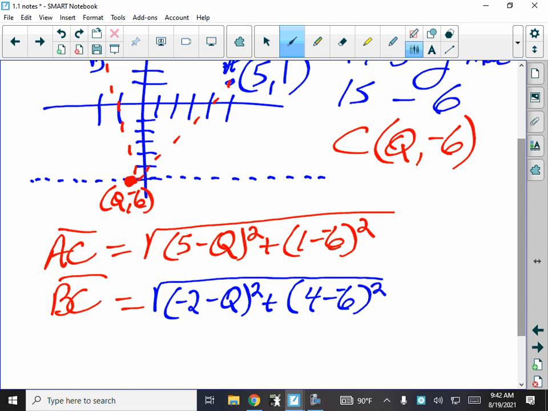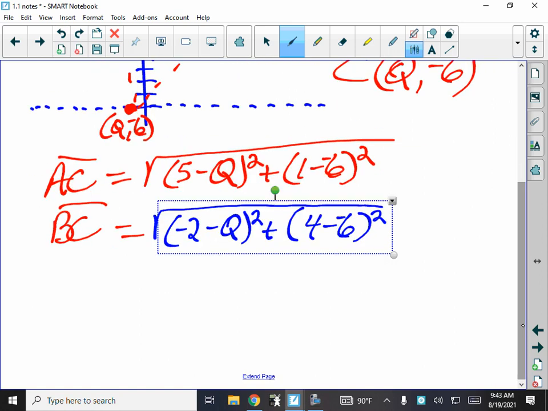Now, what do I know about these two distances? They must be equal. And this is where the fun's going to begin for you guys, because you're going to have a problem just like this.